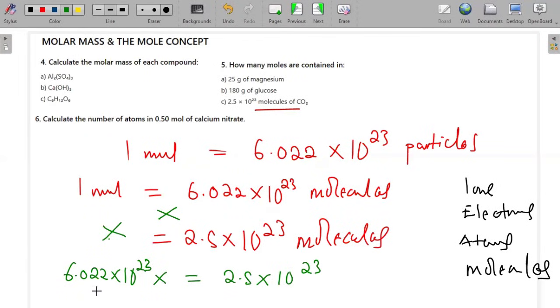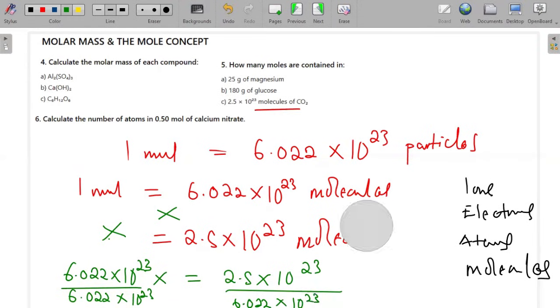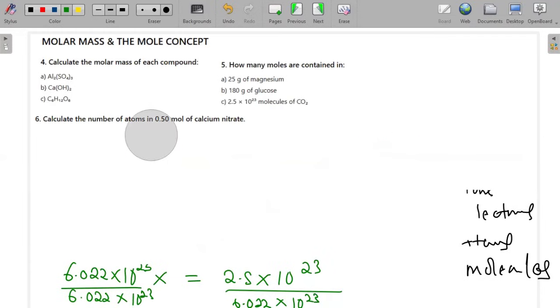From here, we want to find X. So I'm going to divide both sides by 6.022 multiplied by 10 to the power 23. It means on my left-hand side, I'm just going to remain with X. So X is equal to, and then I just have to divide this on the calculator.